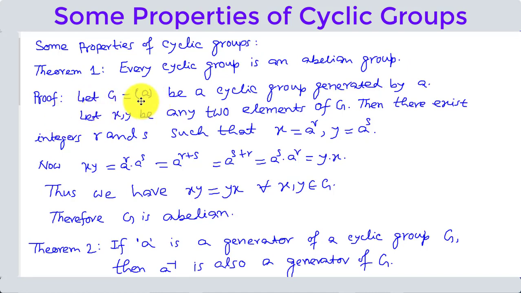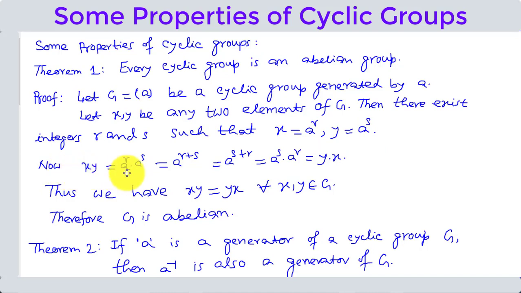Let G is equal to ⟨a⟩ be a cyclic group generated by a. Let x, y be any two elements of G. Then there exist integers r and s such that x is equal to a to the power r, y is equal to a to the power s.